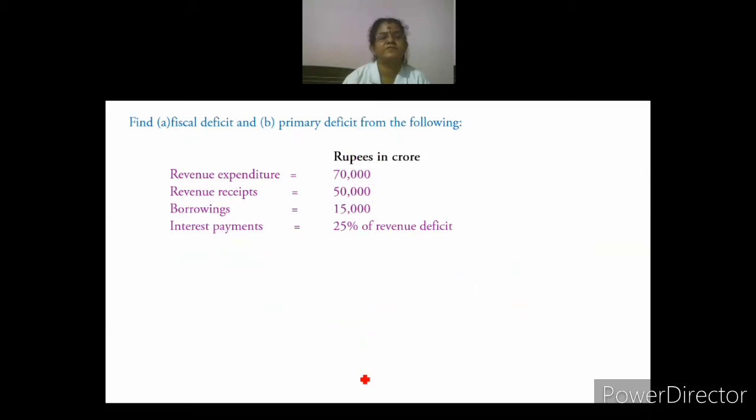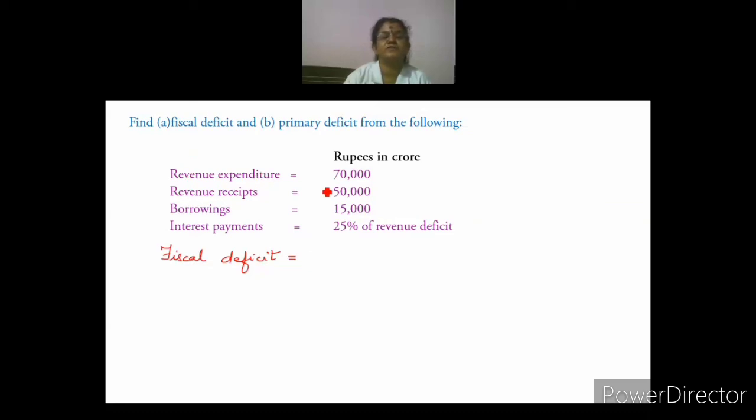Find fiscal deficit and primary deficit from the following. So let us now work out the fiscal deficit. The formula for fiscal deficit is borrowings, if it is given, you can just lift it. So let us first read the items given here.